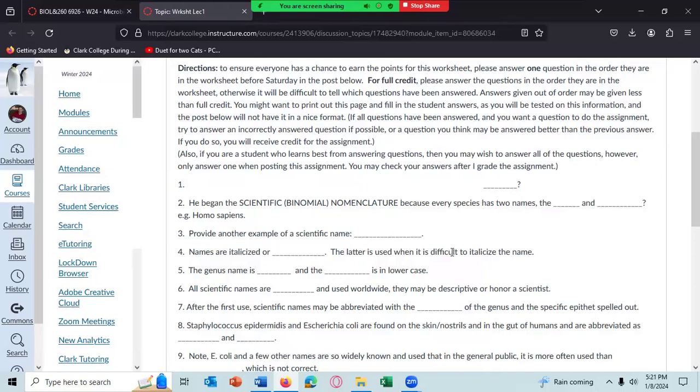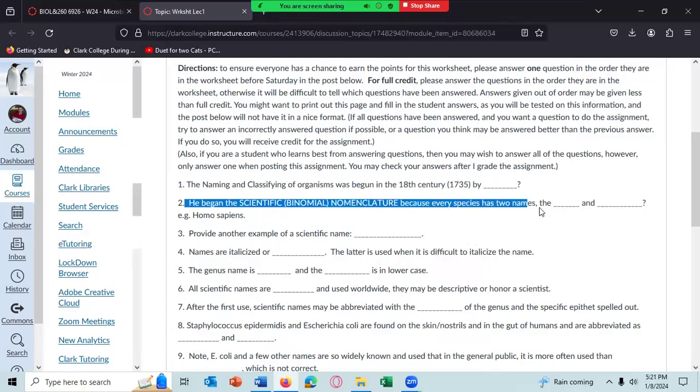If you only give the answer, it'll be very confusing to other students what you're answering. So I require you for full credit to put in your question as well as your answer. And then the second student coming along will answer question number 2, give the question and then the answer. And the third student will give question number 3.